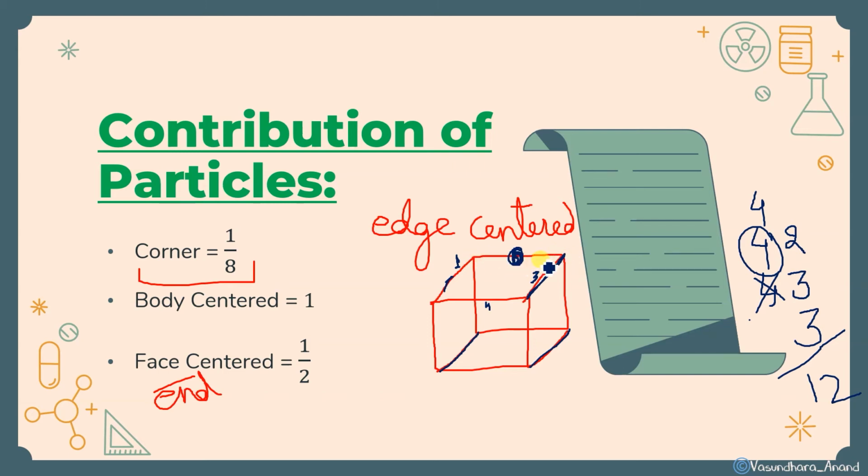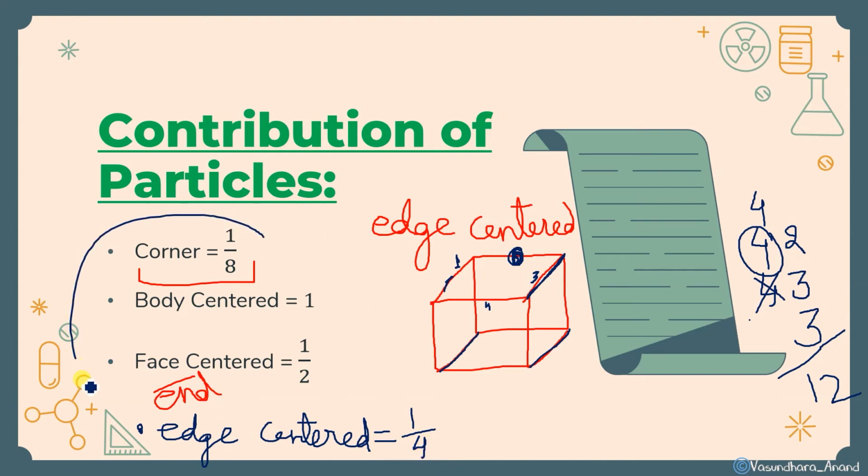So this edge length is common in 4 unit cells. So if I'm talking about edge centered, what will be the contribution? Think of it fast. Yes, it will be 1 by 4, isn't it? Any problem in this? Clear? Okay. So this contribution you have to learn, then only you will be able to make the formula, because we have to solve some questions based on this.